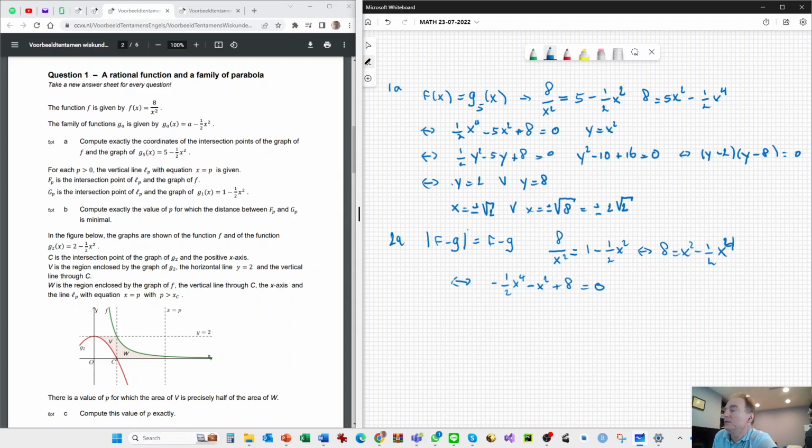And that means that, plus, of course, x to the power 4 minus 2x squared plus 16 is 0.